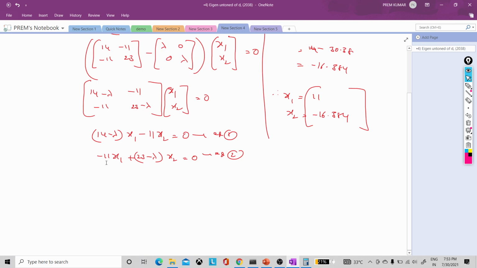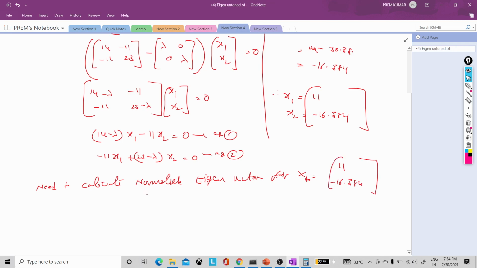So now we need to calculate the normalized eigenvectors for x, that is 11, minus 16.384. For this we have to calculate the unit eigenvector.